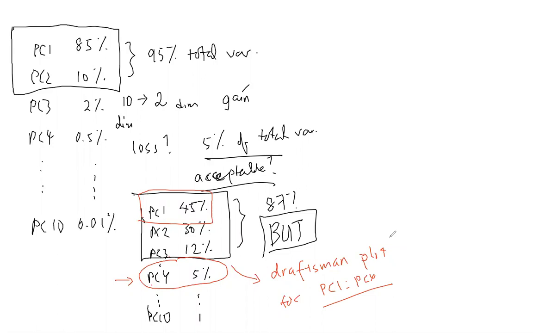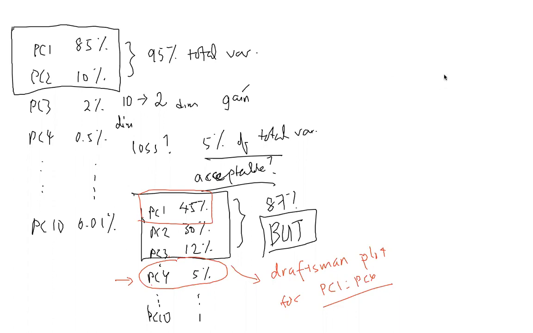They go in a very simplistic way and say, take the first 2 because that will explain most of the variation. Sometimes it works, sometimes it doesn't. So my suggestion is to look at the first 4 or 5 using a Drossman plot, which is manageable, and then decide which ones you want to keep.